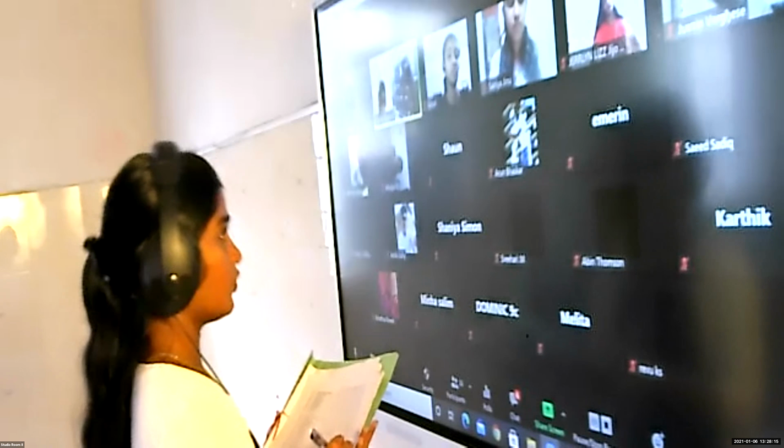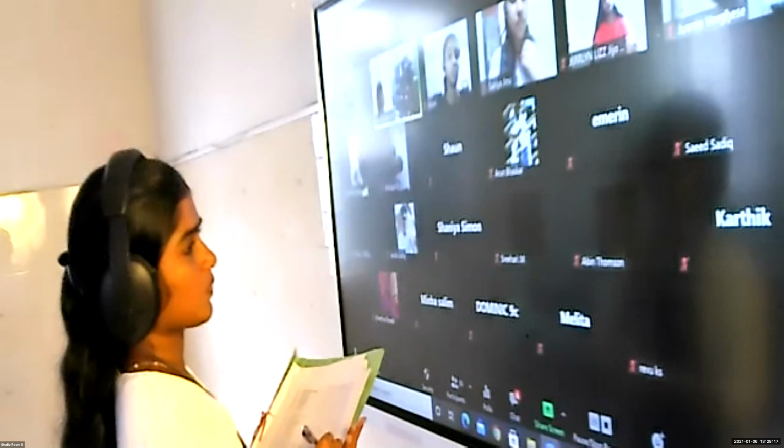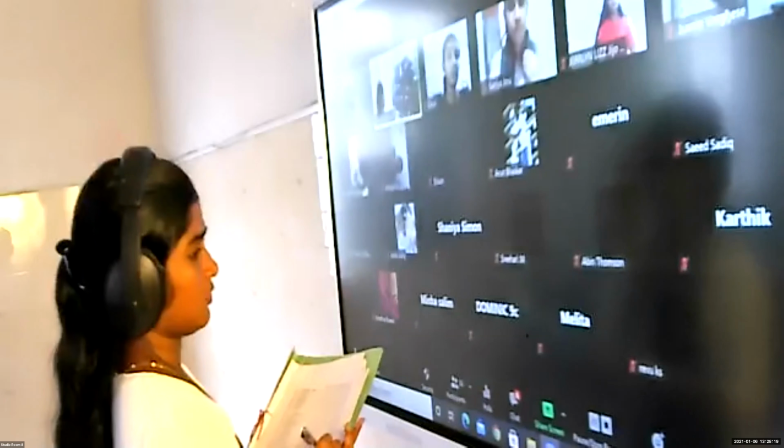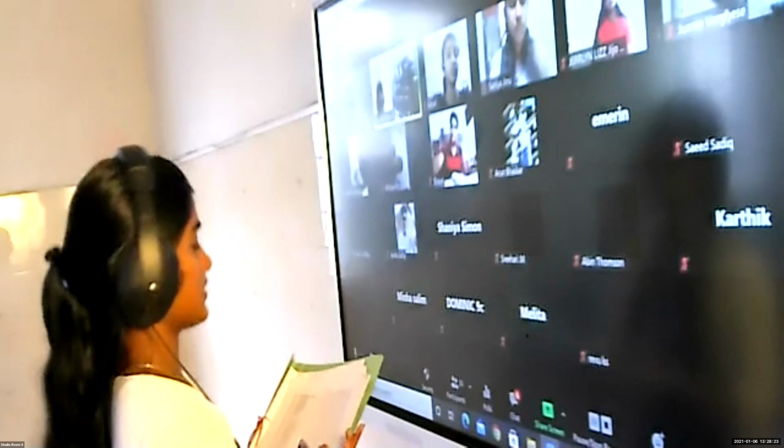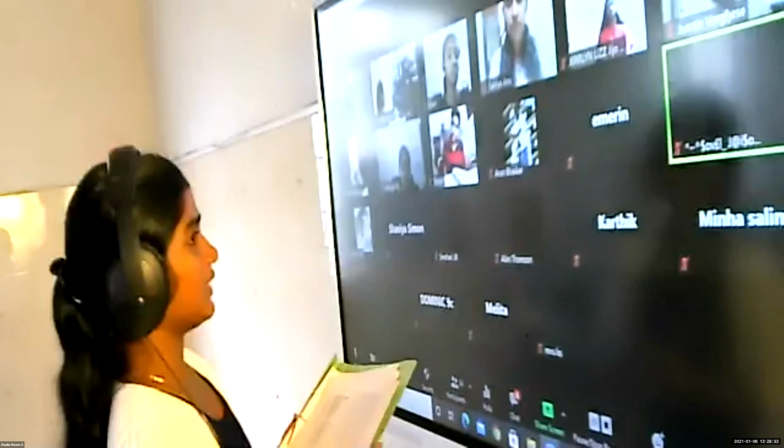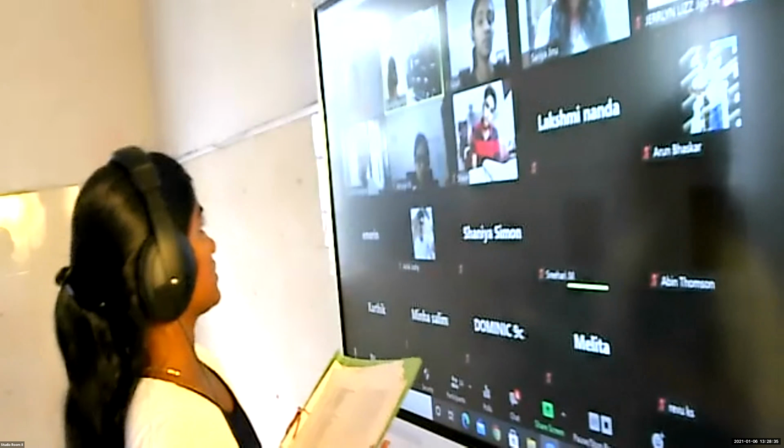Minha, present. Revu. Said, present. Sania, present. Shania, present. Sean, present. Sovel, present, ma'am. Sriram. Srihari, present. Swati, present.